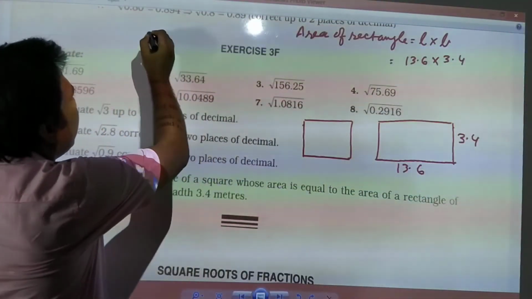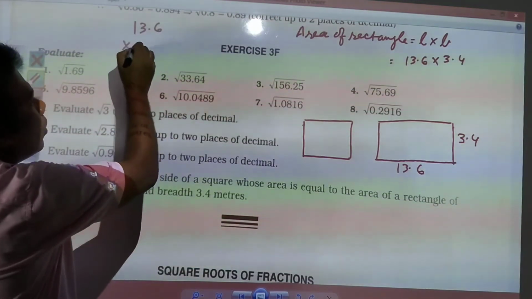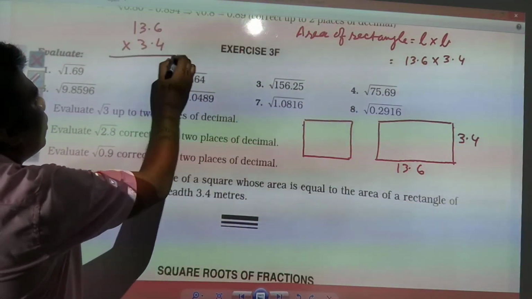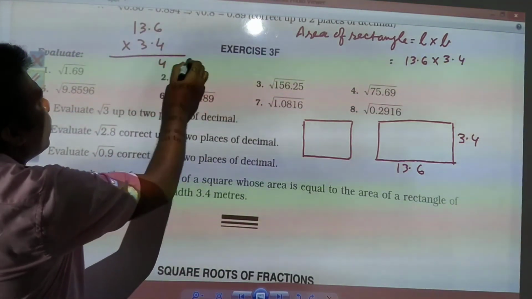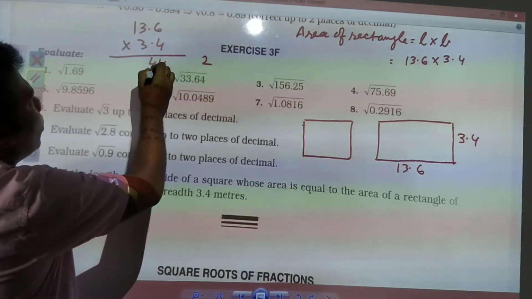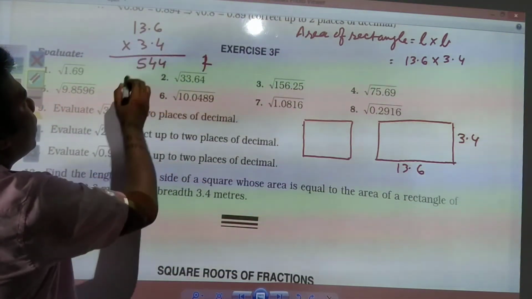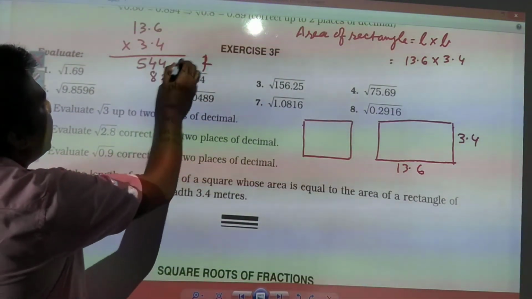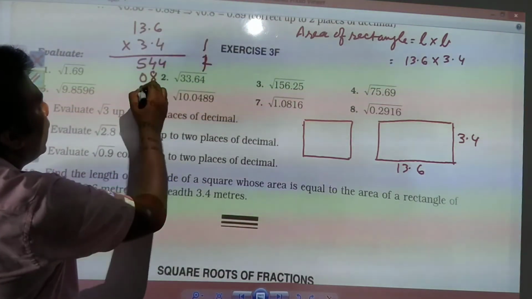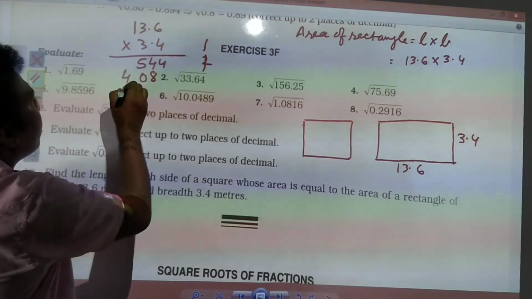This you multiply. 13.6 into 3.4. 4 6s are 24, 4 3s are 12 and 2, 14, 1 you have, 4 1s are 4 and 1, 5, 3 6s are 18, 3 3s are 9 and 1, 10, 1 you have, 3 1s are 3 and 1, 4.